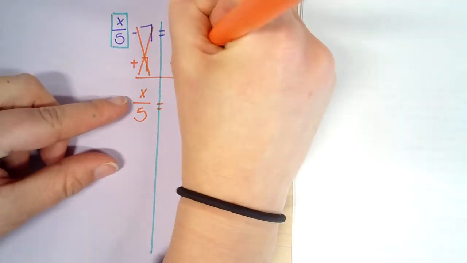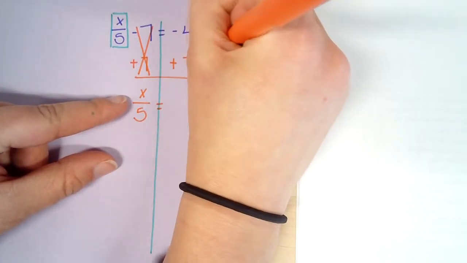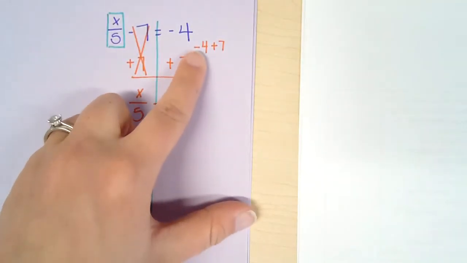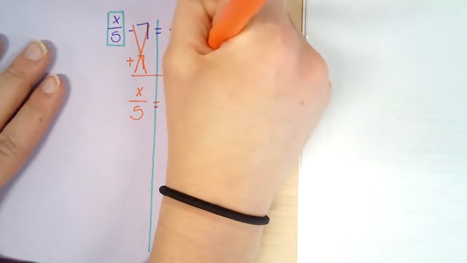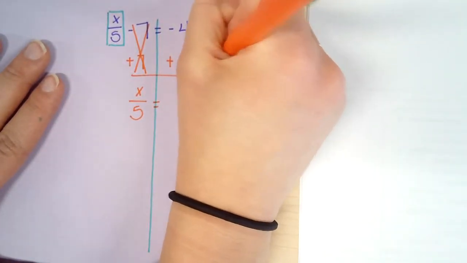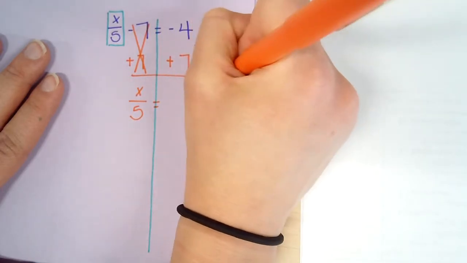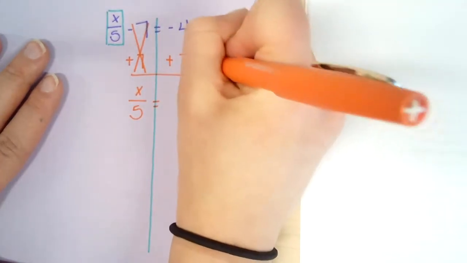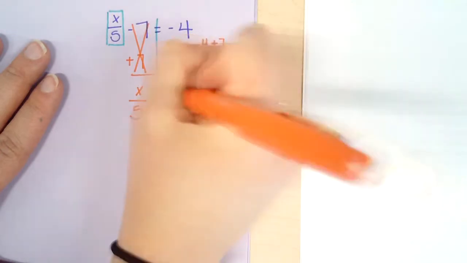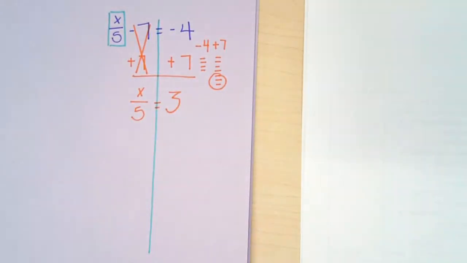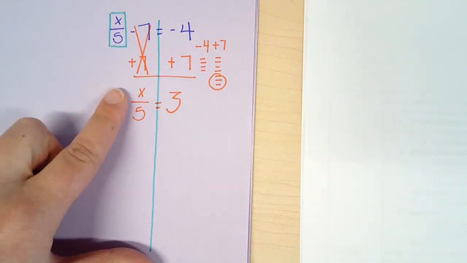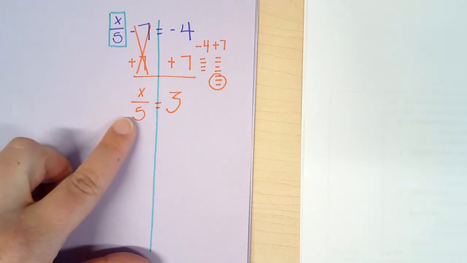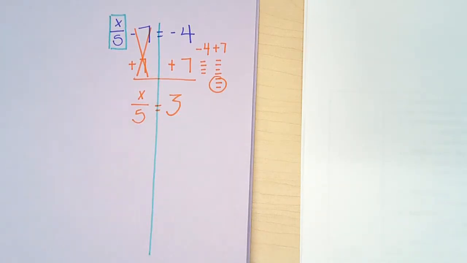Now, we've got integer negative 4 plus 7. I know that negative 4 negatives and 7 positives will leave me with 3 positives. So now I have the one-step equation, x divided by 5 equals 3.